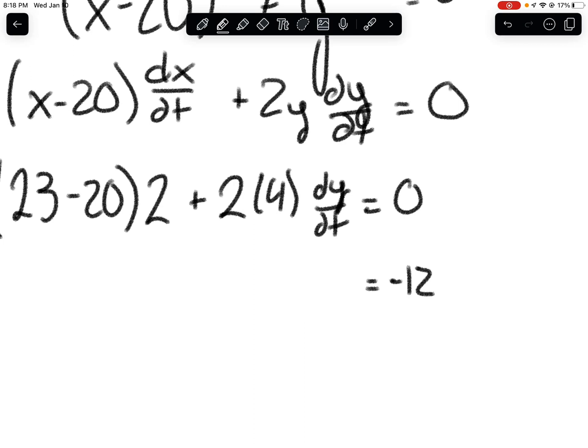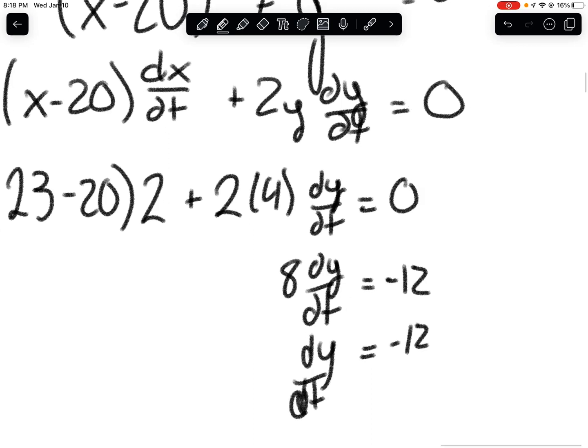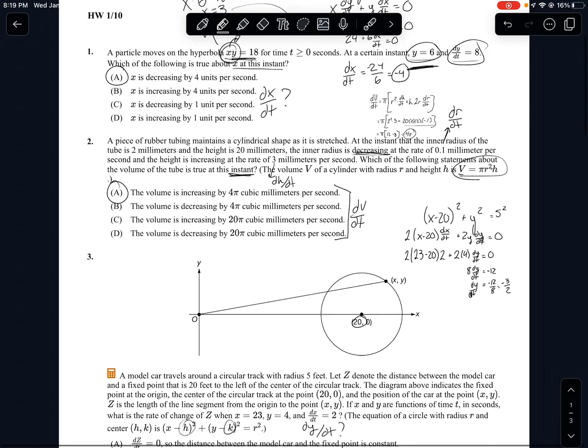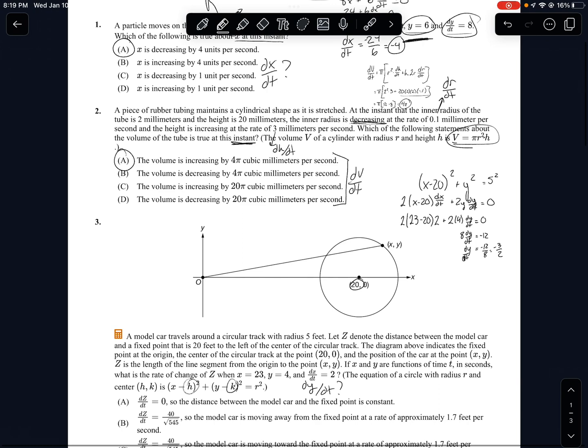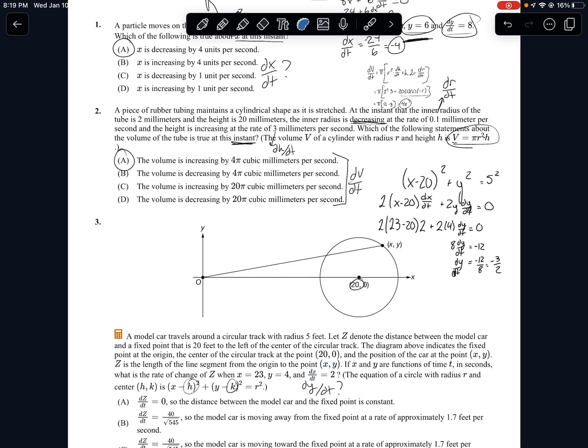So I'm going to get negative 12 over here, times 8 dy/dt. dy/dt is equal to negative 12 over 8, or negative 3 over 2. I did this with a lot of foresight because I've done this problem earlier today. I just wanted to make a video about it, me going over it, just so you have it in your data bank. So this was with a lot of foresight in noticing that we don't have dy/dt.